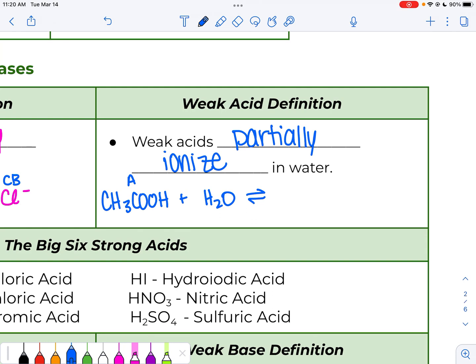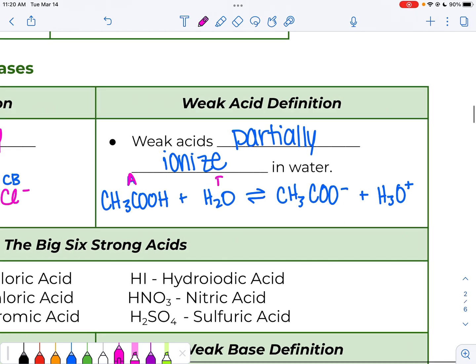We're going to go through that forward reaction to get some acetate, but not all of it's going to ionize, and we can go back and forth. We can reform some of that acetic acid as we're dissociating that acetic acid. So here's our acid, here's our base, here's our conjugate base, here's our conjugate acid.